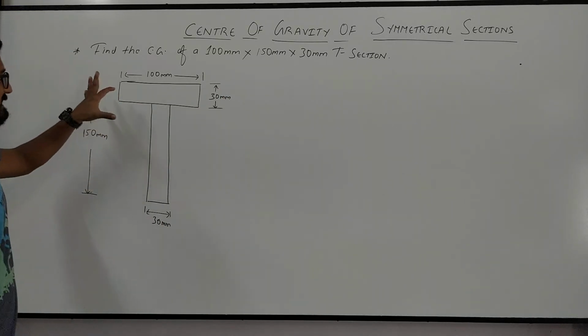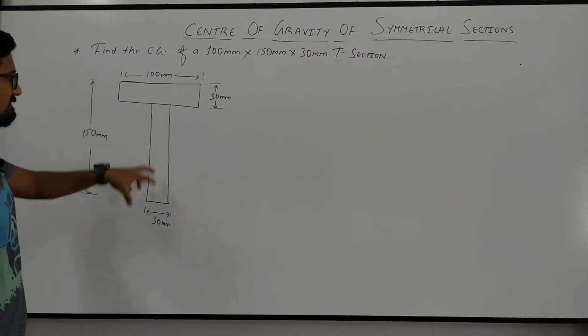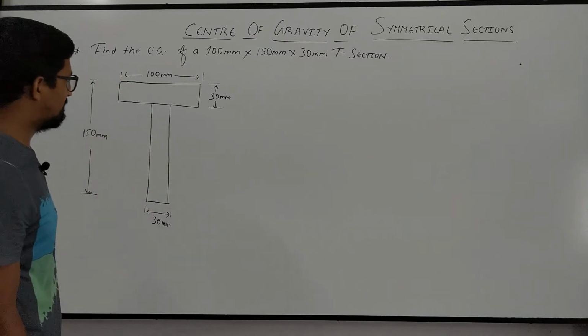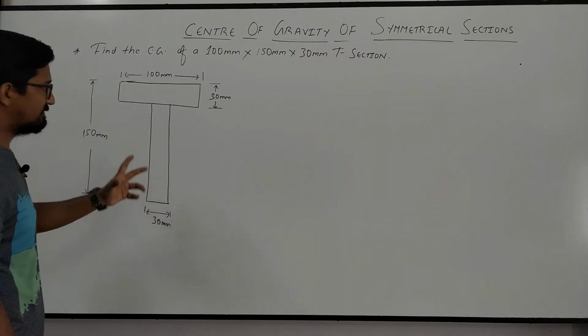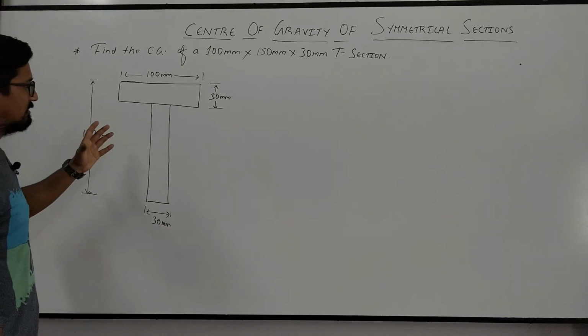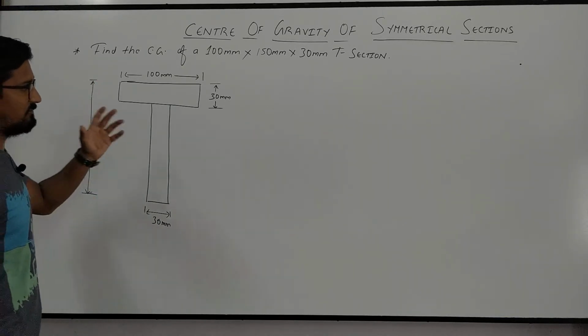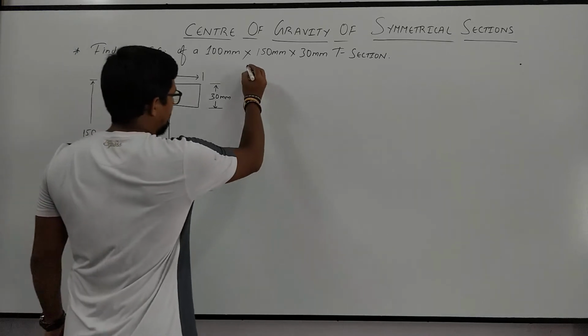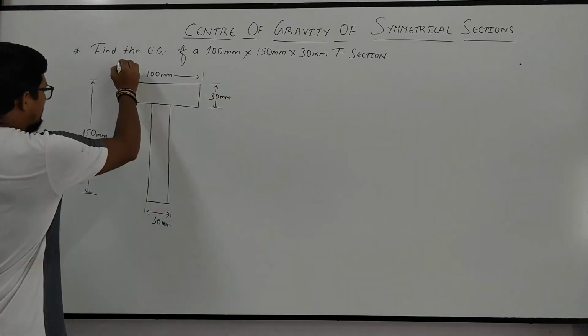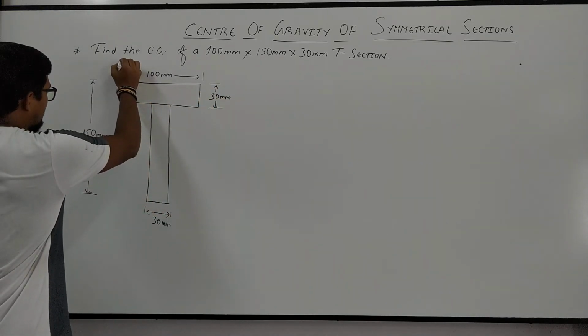We have to find the CG or the centroid of this section. The first thing we have to do is always look for the reference axis, or draw the reference axis. So the first point is the reference axis. Always draw the reference axis from the extreme left edge.